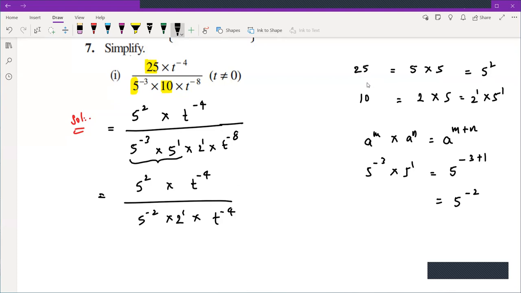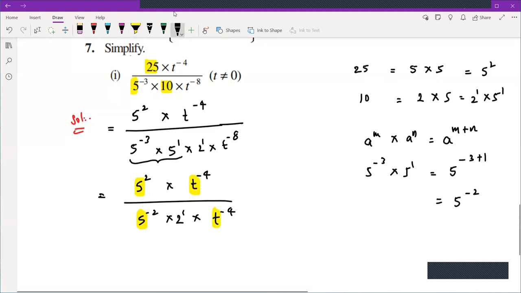So we cannot simplify separately as numerator and denominator. Now we have to see the combination of numerator and denominator with the same bases. So the first one is this term, and the next one is this term, isn't it?